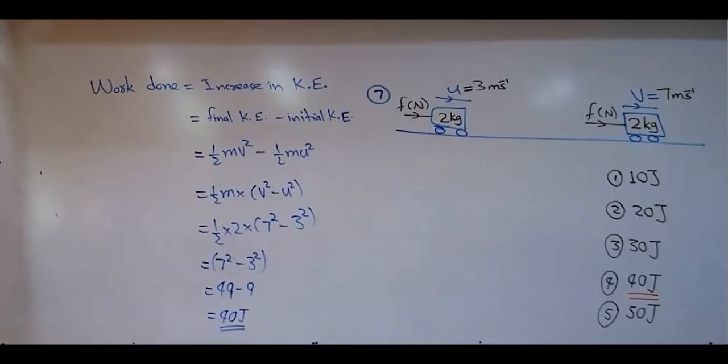Question number 8. A bullet is fired with a velocity of 30 meters per second with an angle of 60 degrees to the horizontal.